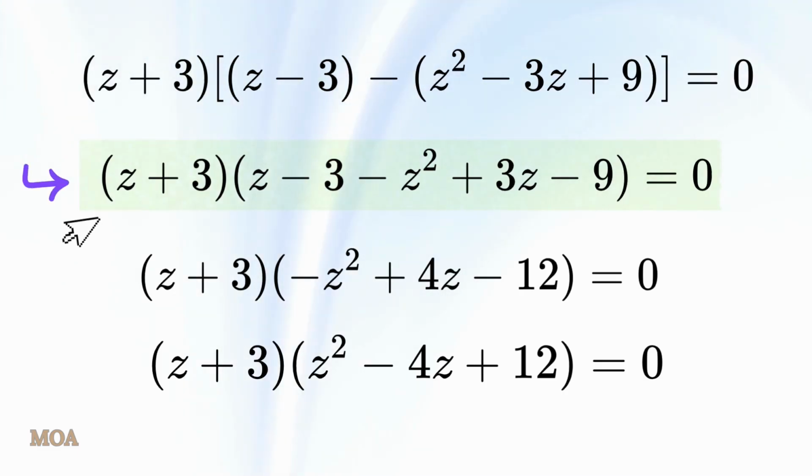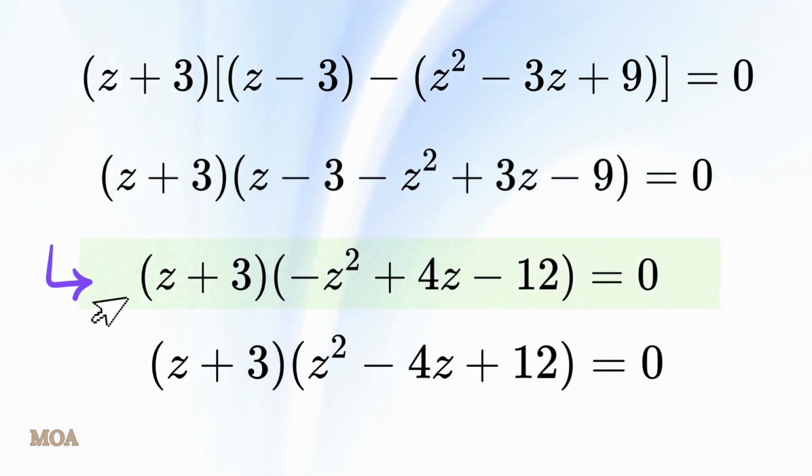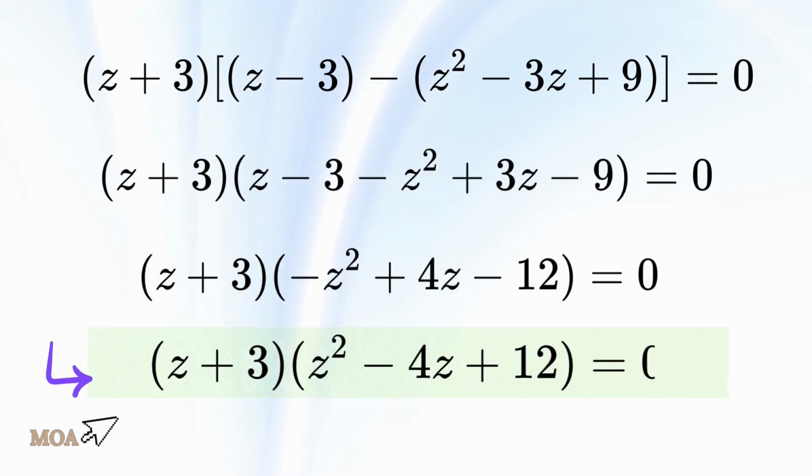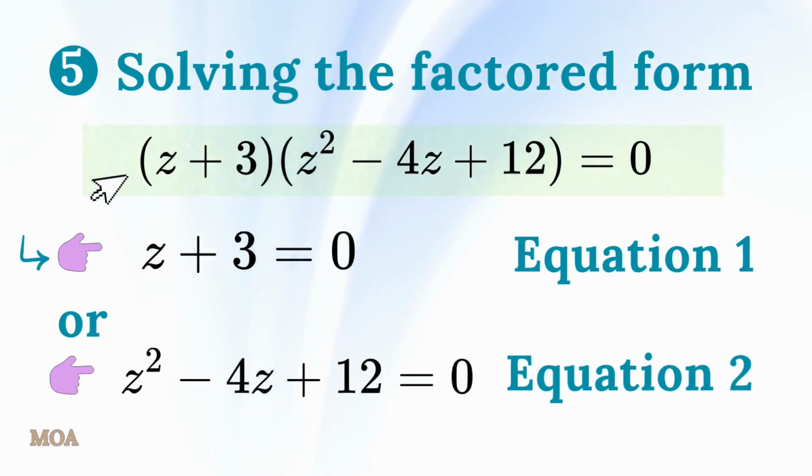We get z minus 3 minus z squared plus 3z minus 9, which simplifies to negative z squared plus 4z minus 12. Multiplying by negative 1 gives us our final factored form, z plus 3 times z squared minus 4z plus 12 equals 0.